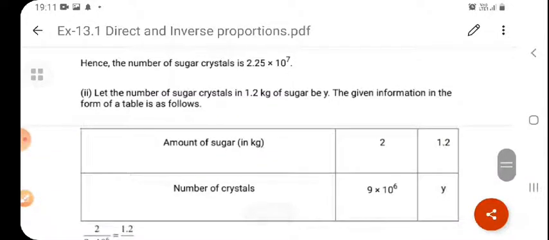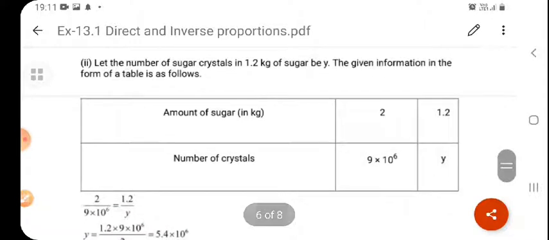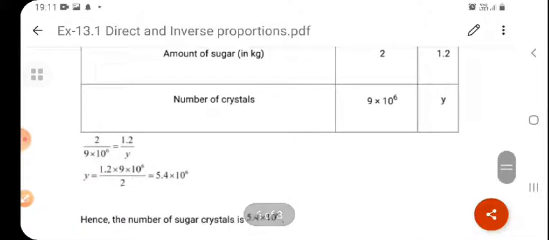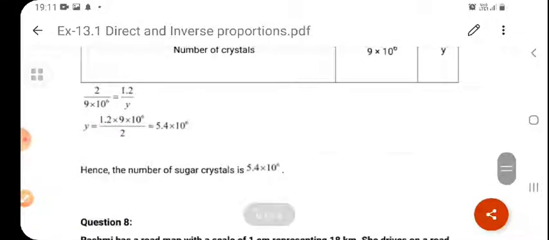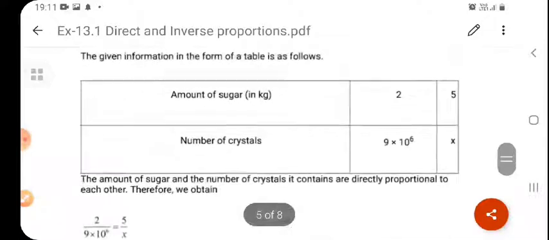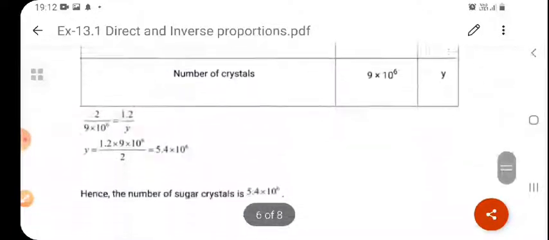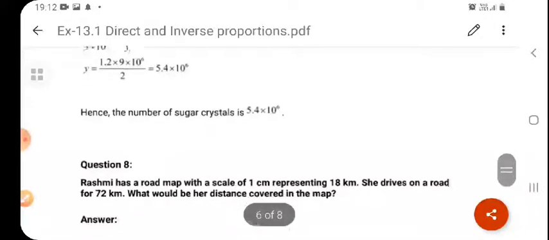Then let the number of sugar crystals in 1.2 kg of sugar be y. So y has the value 5.4 into 10 to the power 6. When we take 5 kg of sugar and 1.2 kg of sugar, the number of crystals are different.